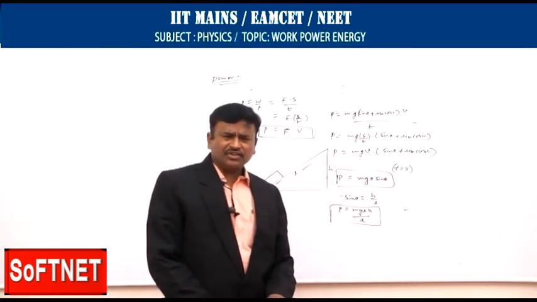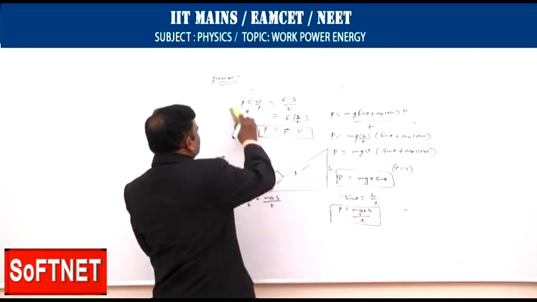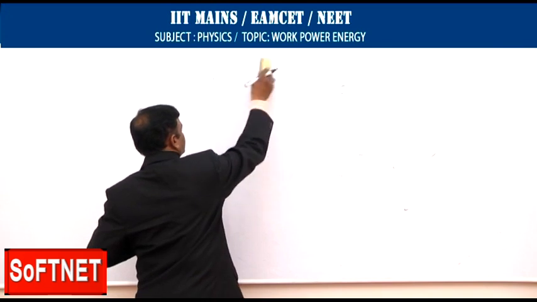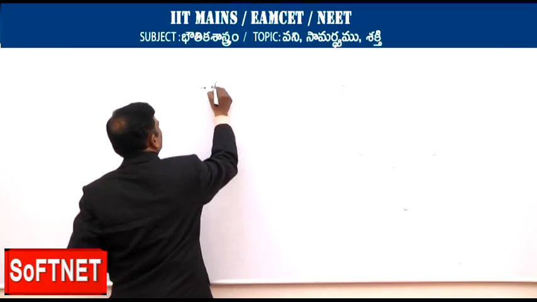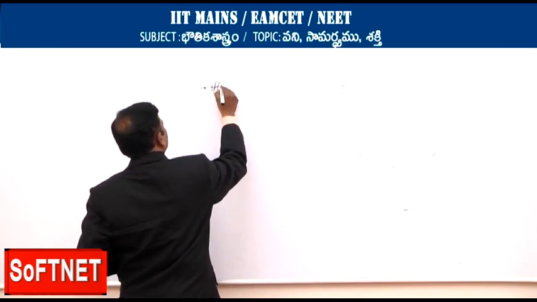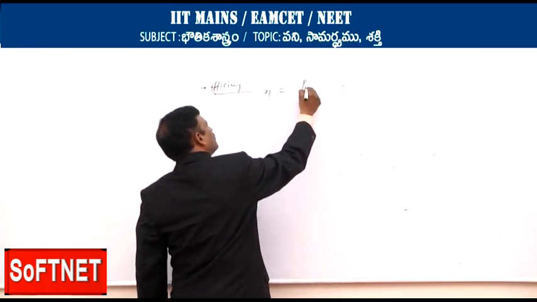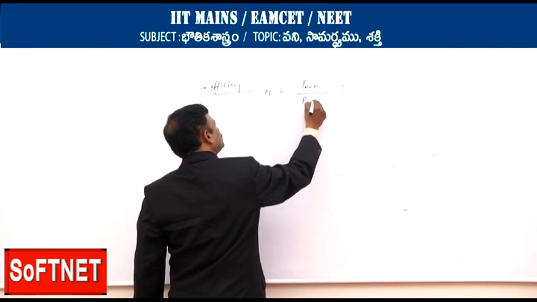Next one is efficiency. How to use the power? Let us see what the efficiency is. Efficiency is denoted by eta, power output by power input.